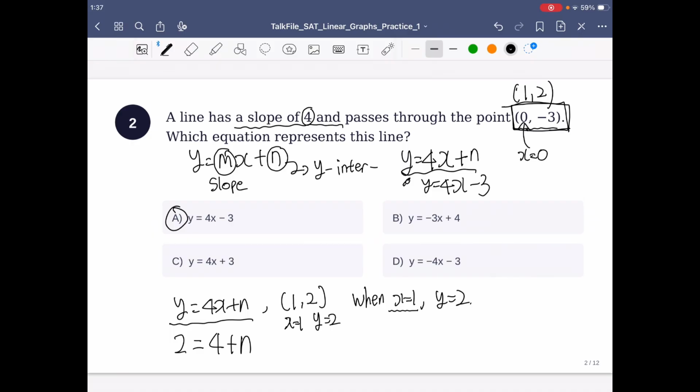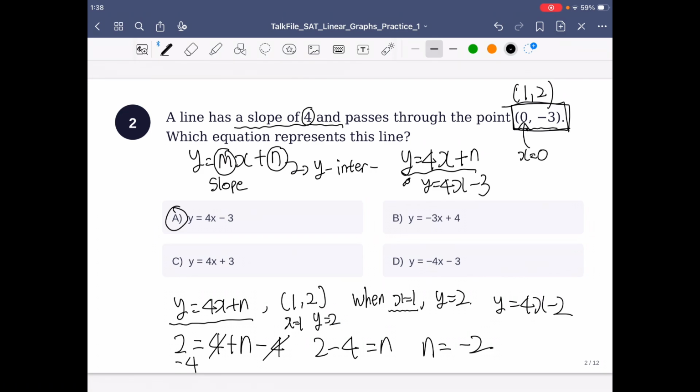If we take 4 away from each side, 2 minus 4 equals n, so n equals minus 2. Then the equation would be y equals 4x minus 2.